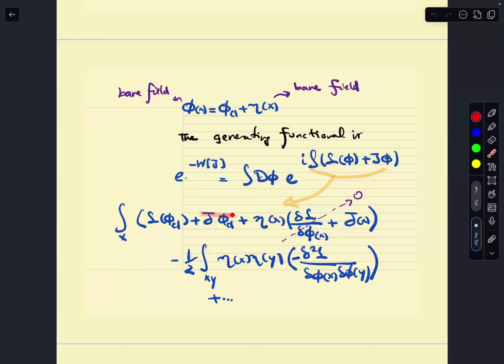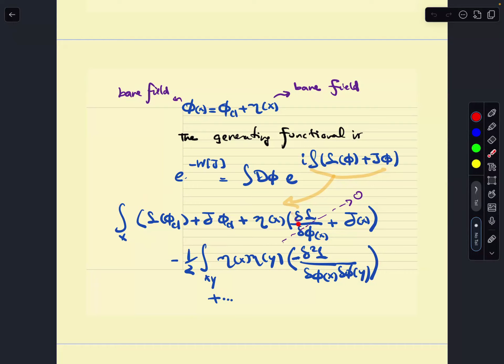So you do that and you expand. What you're going to find is the value of the Lagrangian density on the classical solution, plus J multiplied by phi classical. So this whole thing is a fixed integral that you could perform.